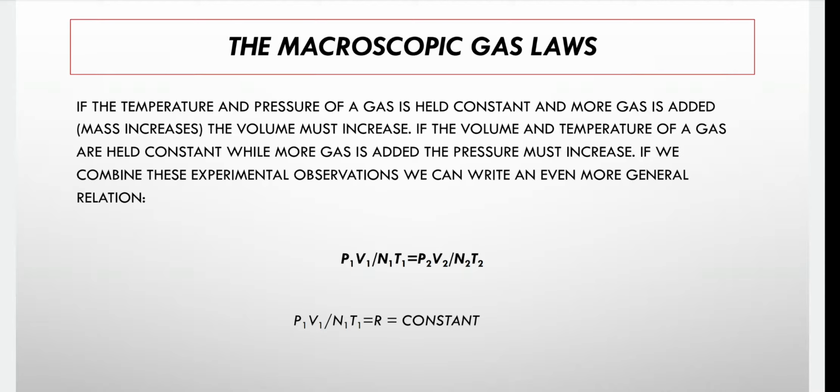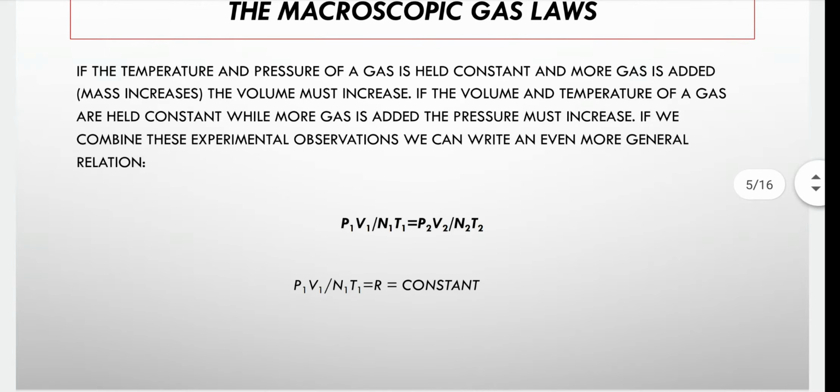We will get it later. The relation tells itself directly from experimental observation, to be more generalized, and becomes P1 V1 over N1 T1 equals P2 V2 over N2 T2. What is N? N is the number of moles.